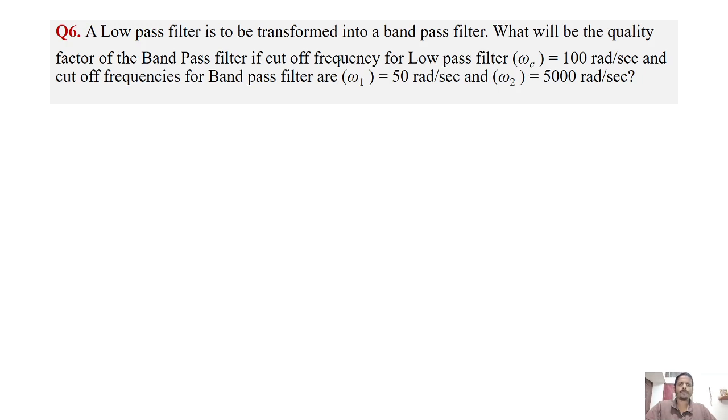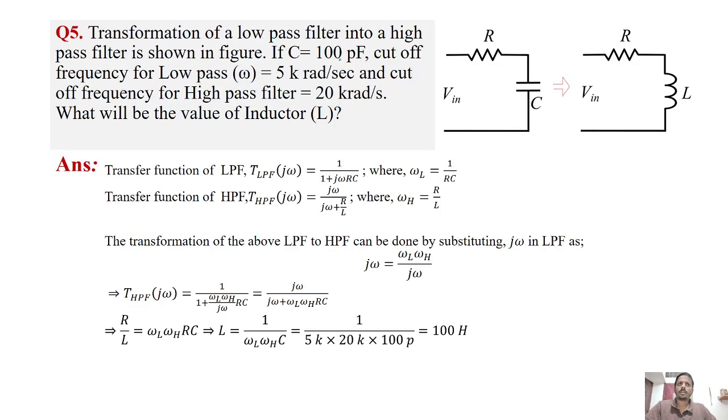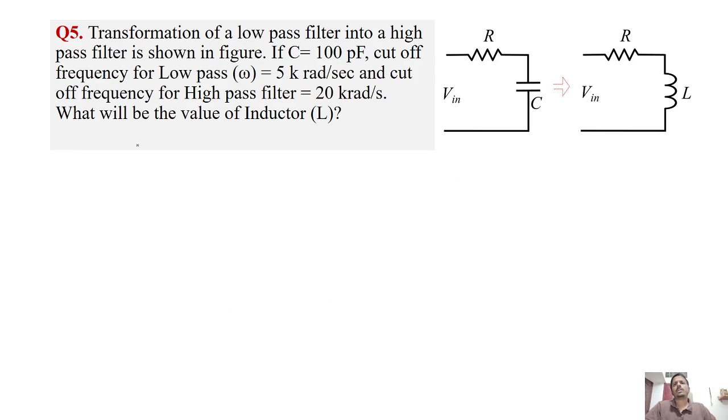Sir, actually, is there any practical use to transform this high pass filter to low pass filter? Yeah, see, for both Butterworth and Chebyshev filters, you would have seen the transfer functions to be for low pass filter only, right?